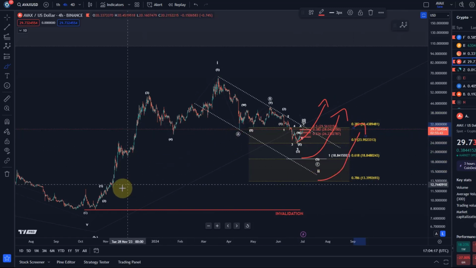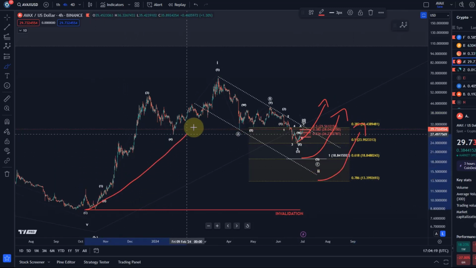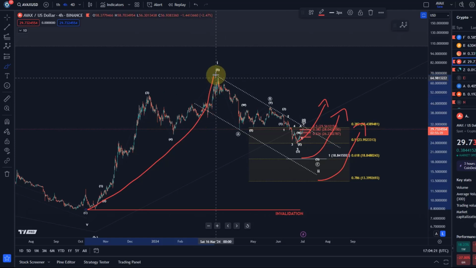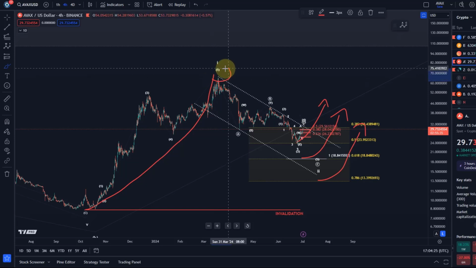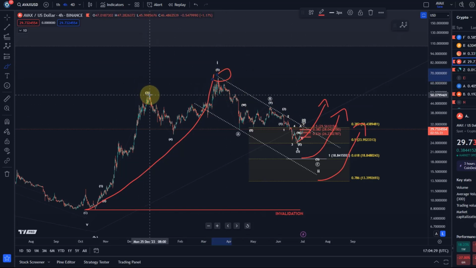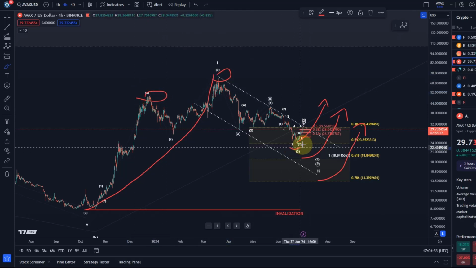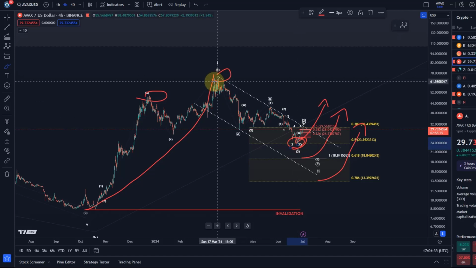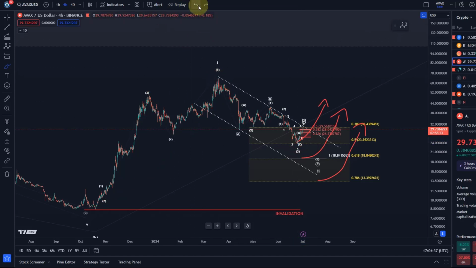They are all defined based on the measurement of the length of this rally, which topped in March, right? I would get different levels if I measure to the top that was formed in December. And because it reacted so nicely here to the $24 level, that's for me an indication that I'm on the right track with this wave count.